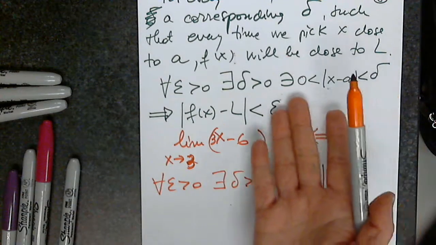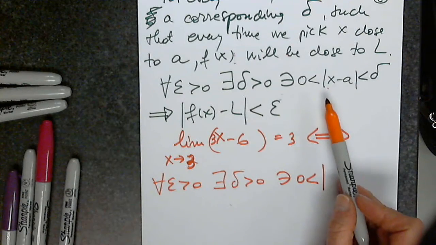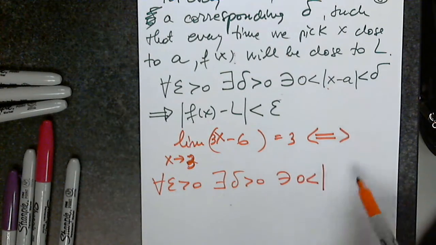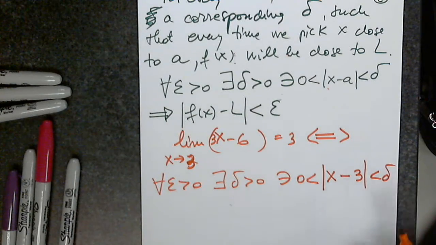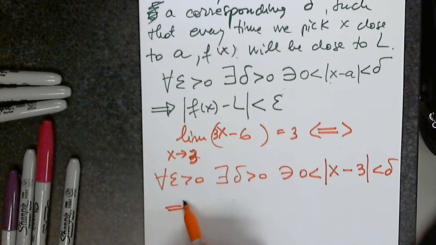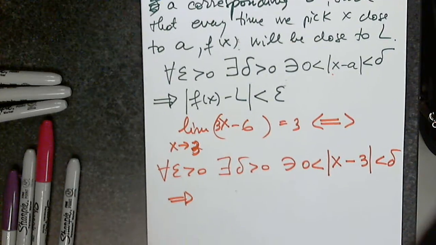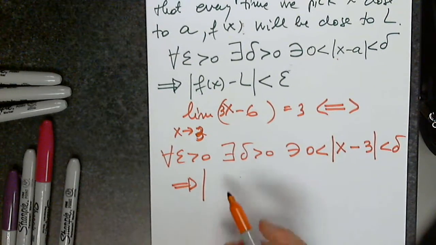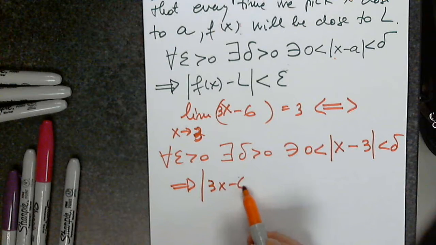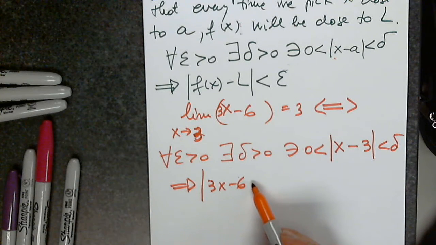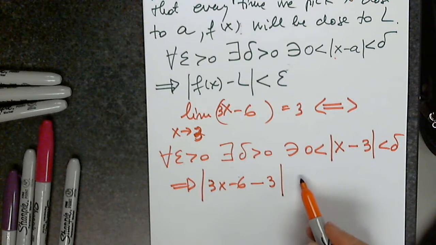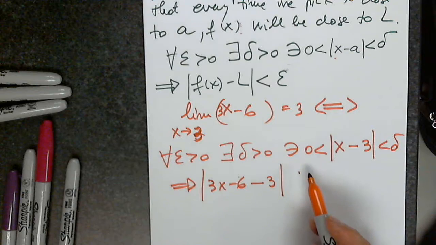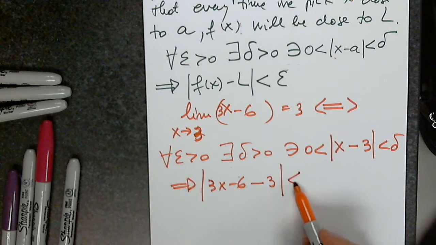As long as I pick x close enough to 3, this will always imply the absolute value of 3x minus 6 minus 3 must be less than epsilon. It cannot be greater than, yes, less than epsilon.